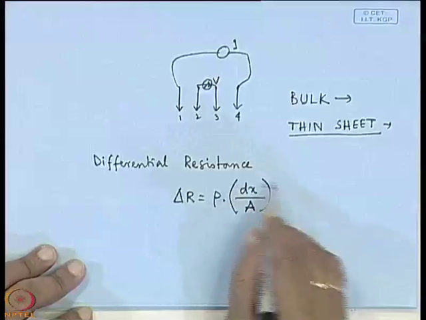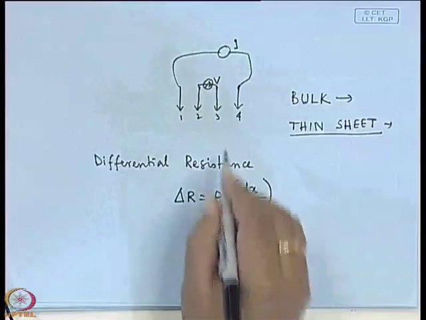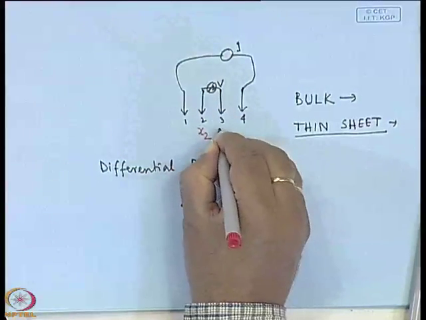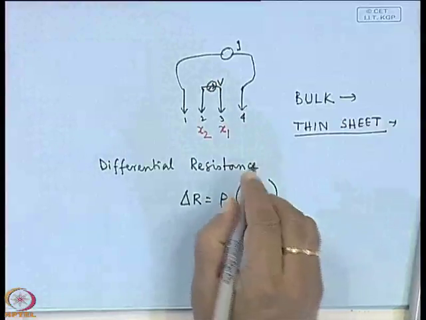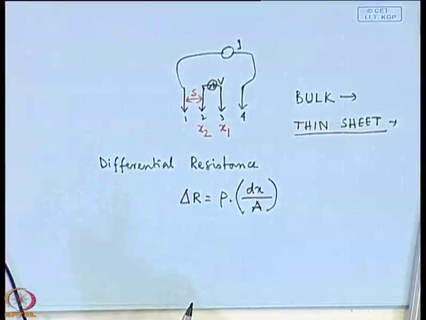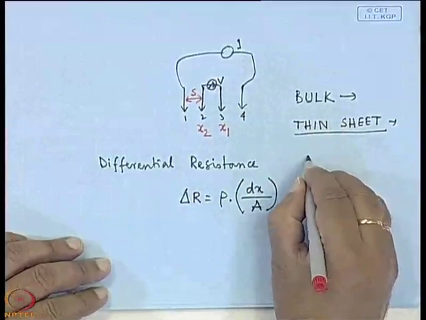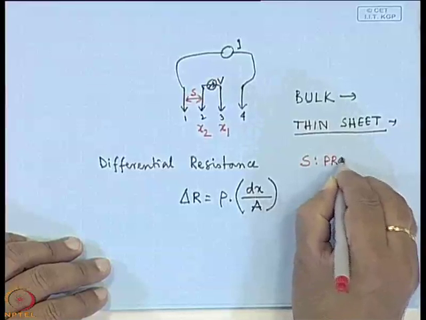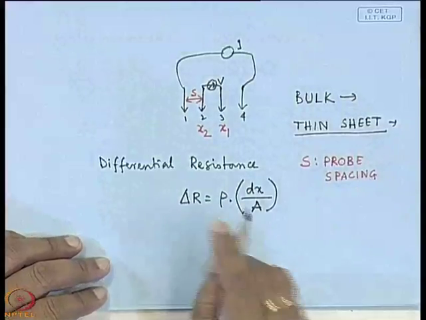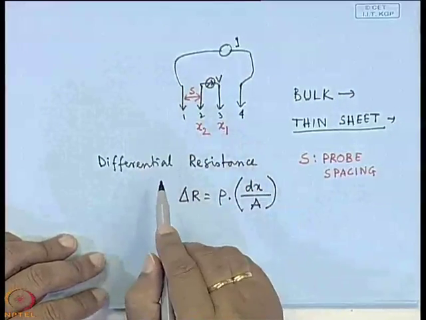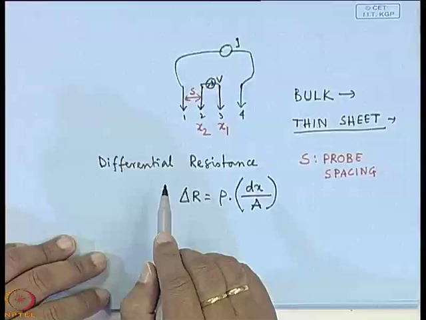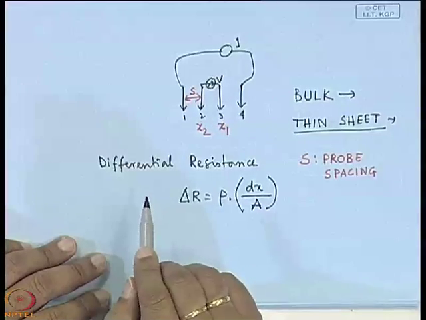So, if you take this kind of a configuration and if you say that this is x 2, this is x 1 and the probe spacing is S. The probe spacing is S, and x 1 and x 2 are the distances of the inner two probes from a particular coordinate axis.